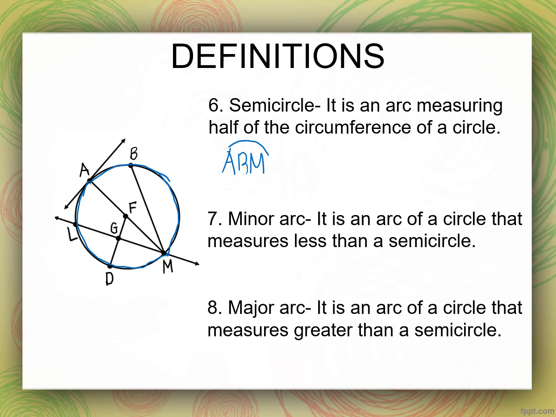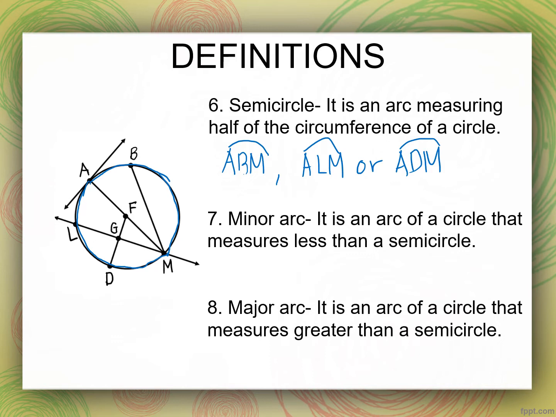You don't need to write those four letters. Instead, you can just pick one letter in the middle of A and M. So you can name this side as either arc ALM or arc ADM. They're just the same. So you can just pick one from ALM or ADM.